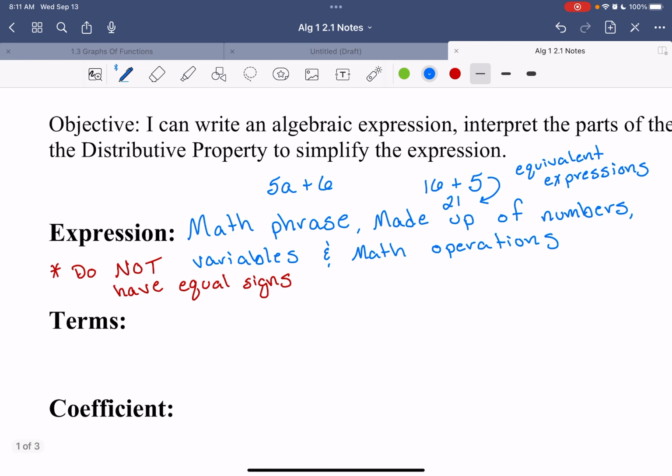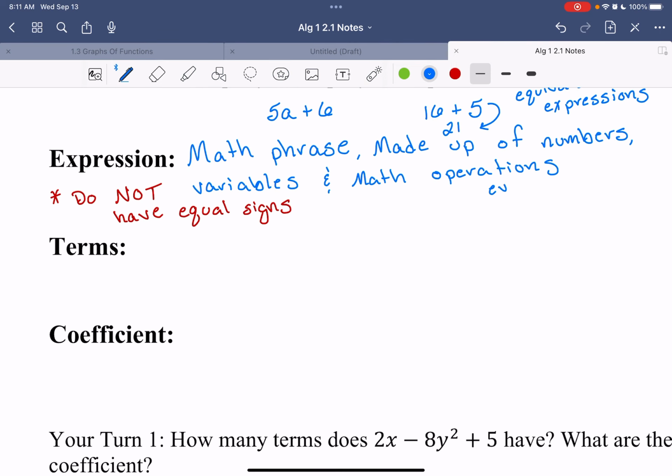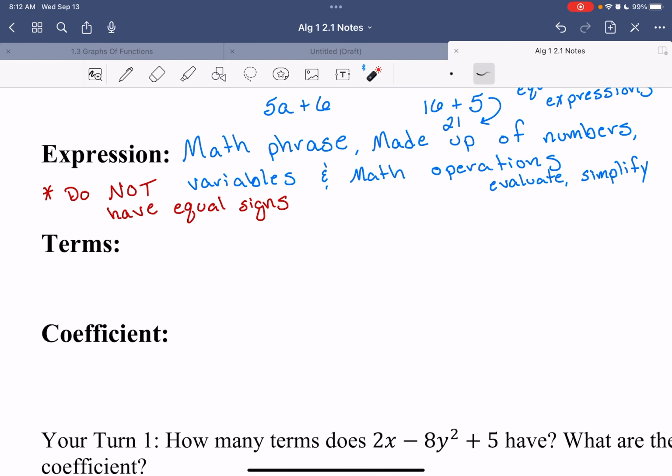So often you'll be asked to evaluate an expression or simplify an expression. And really what that means is to get it written in the smallest way possible. 16 plus 5 can be written smaller. It can be written as 21, okay?